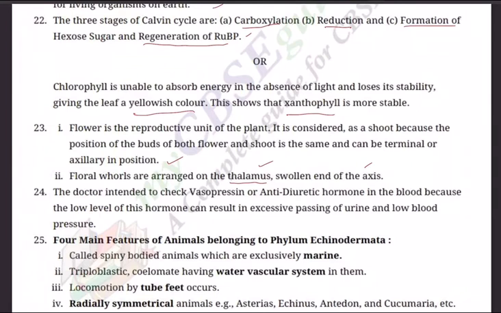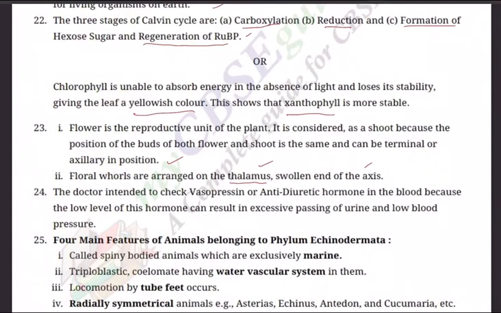Question 24. A patient complains of constant thirst, excessive passing of urine, and low blood pressure. When the doctor checked the patient's blood glucose and blood insulin level, the level was normal or slightly low. The doctor diagnosed the condition as diabetes insipidus.